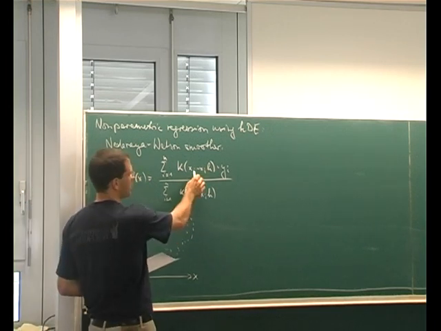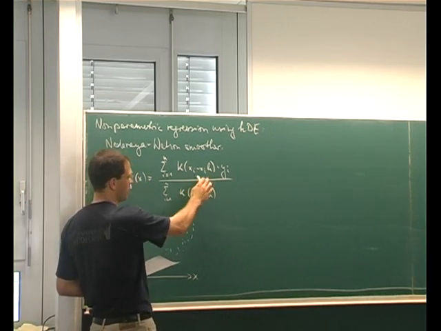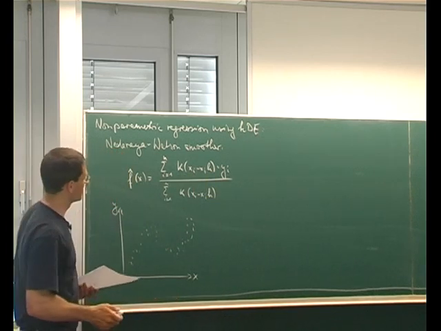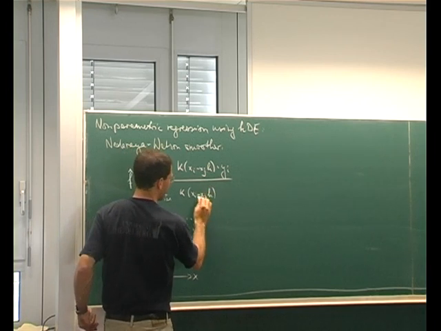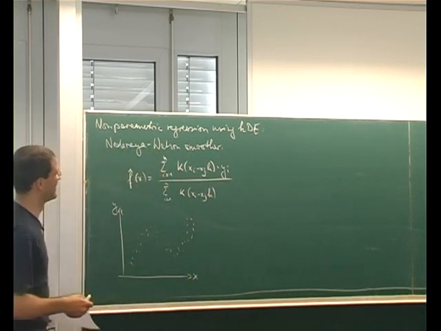So this, the first is an i and the second is a semicolon. Okay, just make sure you can read this. Not a j, a semicolon.